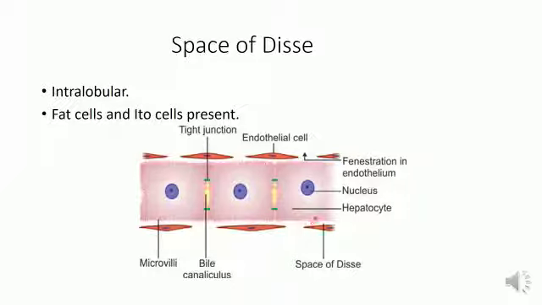The microvilli of the liver cell extend into this space and lie intimately related to the circulating blood. Some fat cells and Ito cells are seen in this space. They are intralobular, compared to the spaces of Mall, which are interlobular, which I have already mentioned.